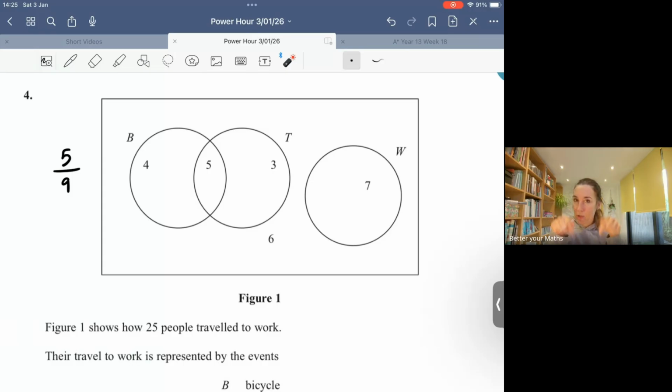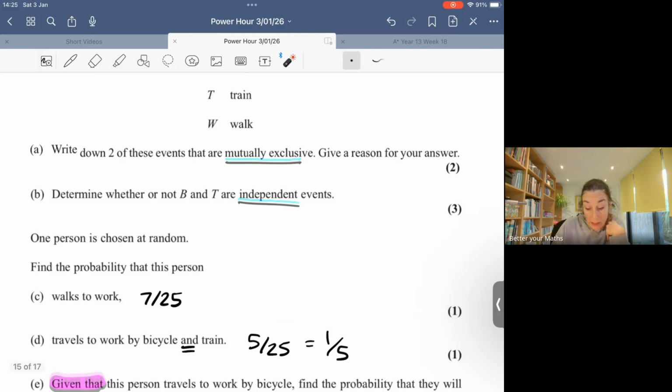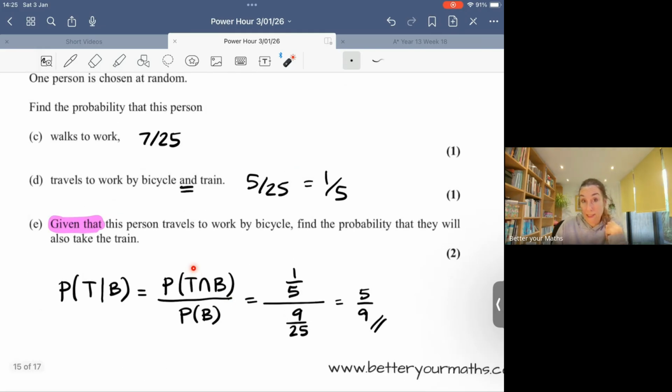But this is a bit risky. Yeah, you have to really understand conditional probability, the restricted sample space, and in some questions this is not that obvious. So my recommendation is that you use the formula. It's safer, it's in the formula booklet, and it always works. Yeah. Any question?